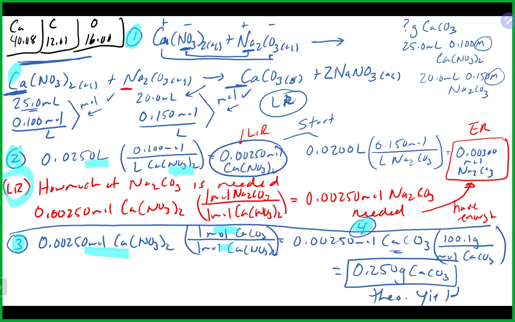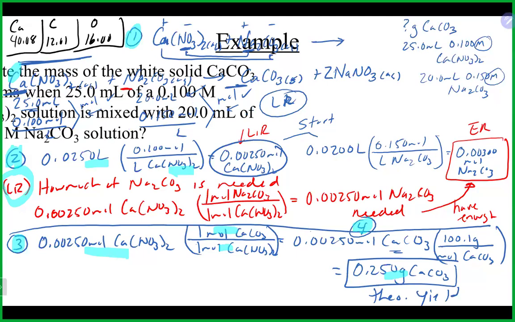And our last step, we're just using molar mass to get ourselves to grams. Any questions on any of those steps there? Okay. So hopefully you've seen some patterns that you've seen previously, just incorporating molarity and volume and moles to get parts of these calculations.